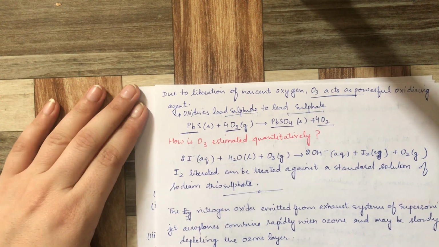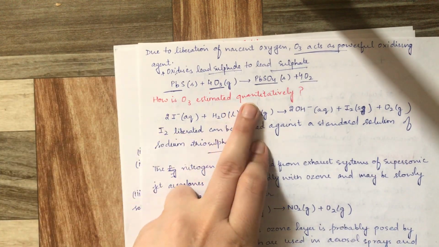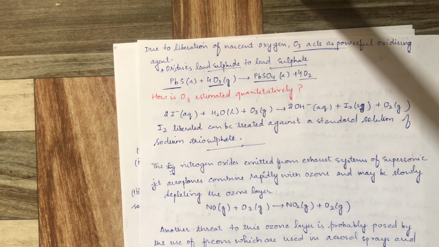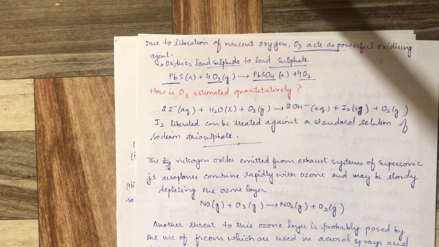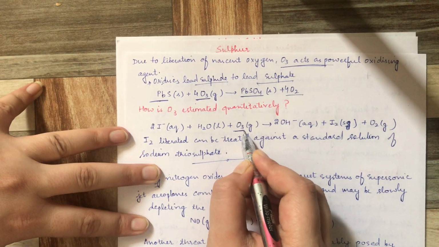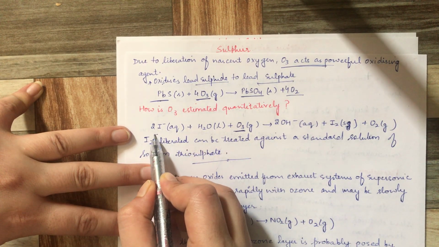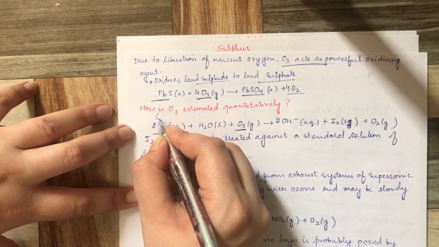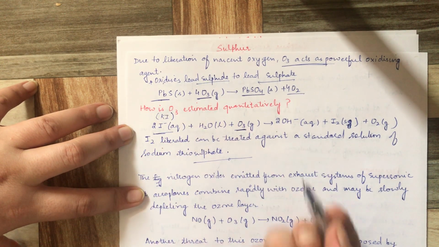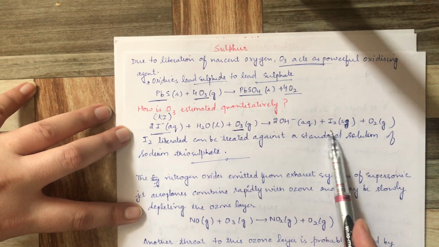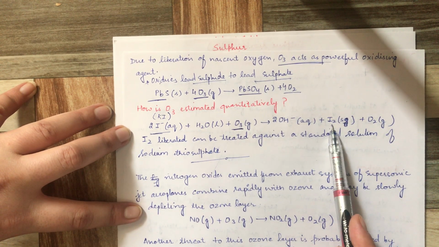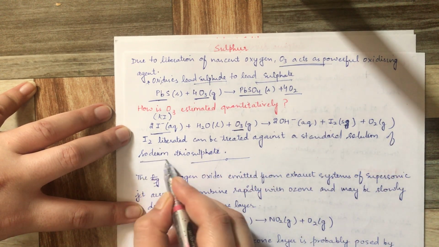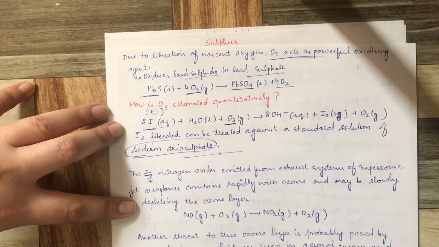Next important thing to note is how is O3 estimated quantitatively? Means how do you measure how much O3 is produced? O3 gas is passed through potassium iodide solution, KI, which gives I negative. It liberates I2. The I2 liberated is titrated against a standard solution of sodium thiosulfate.